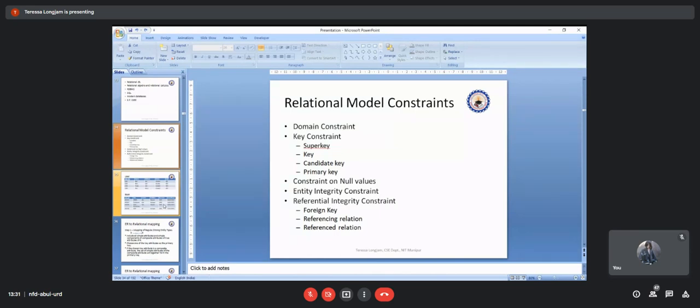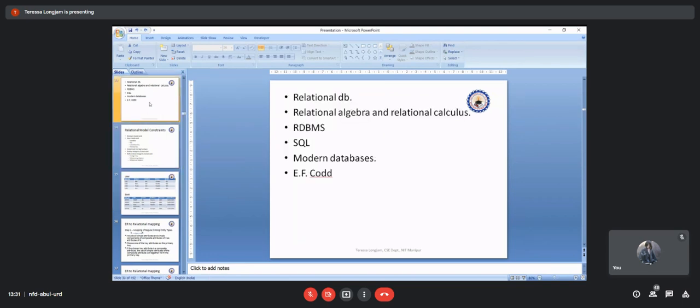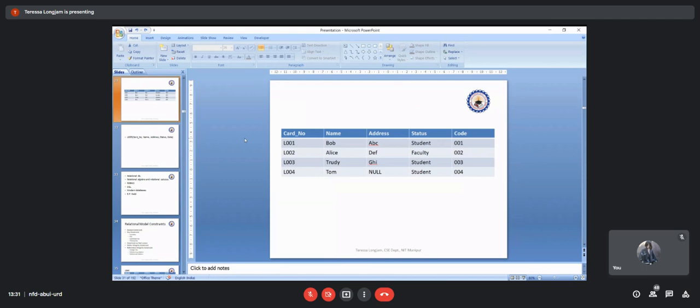It specifies that within each tuple, the value of each attribute must be an atomic value, and it should also be from the domain of that particular attribute. Let us see the same example again.